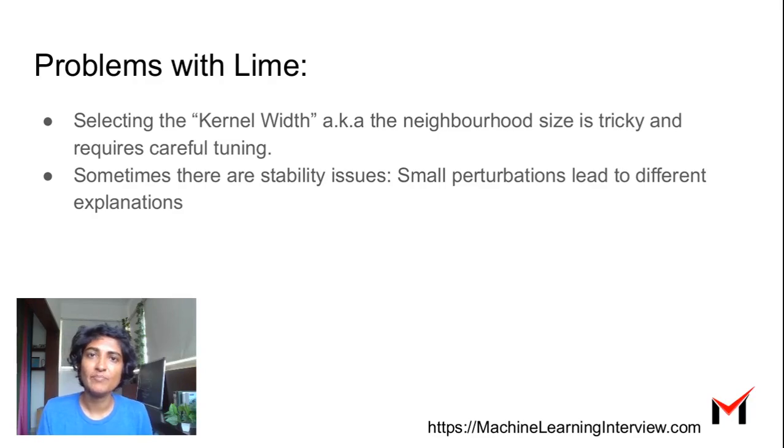If you recall, we perturb the neighborhood to get training data for our local explainer. So different perturbations lead to different explanations, and this could be an issue with LIME. But all said and done, LIME is one of the easier tools that you can directly pip install and start using to get local explanations for specific outcomes from your model.